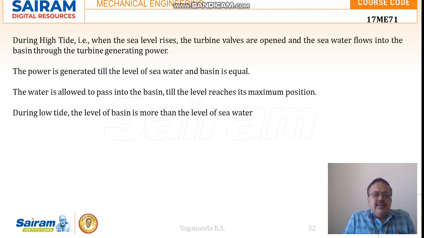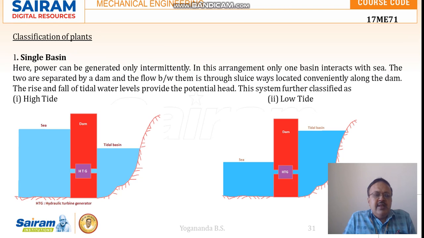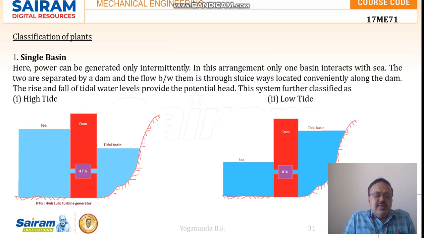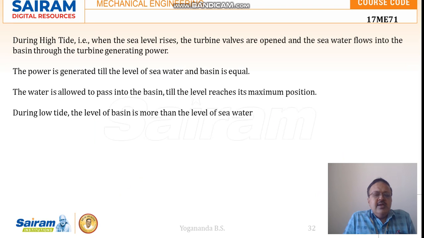During the high tide, when the sea level rises, as in the figure on the left hand side, the turbine valves open and the sea water flows into the basin. The sea water falls through the turbine blades and enters the tidal basin. Thus electricity is generated.